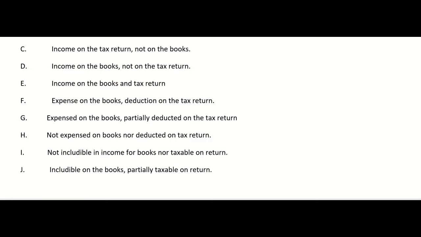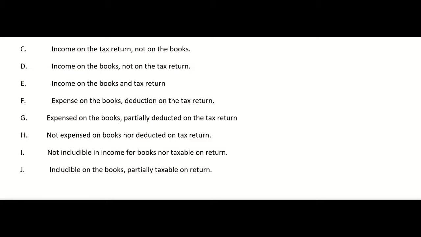So let's say you're accounting for your investment under the fair value through net income method. On the books, that dividend is income. On the tax return, it's not all going to be taxed because of the dividends received deduction, but it's partially taxable. The whole idea of the dividends received deduction is to avoid triple taxation on that corporate dividend.